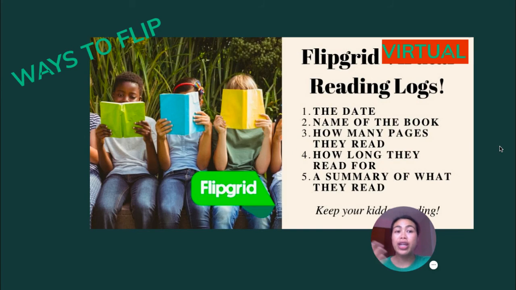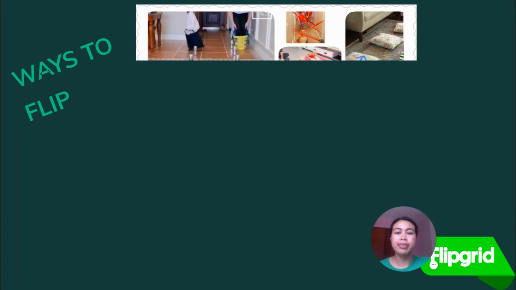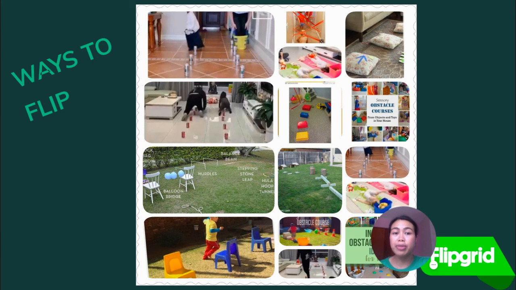You can also have virtual reading logs if you're into reading, or you can encourage them to have an obstacle course like this. As you can see in the photo, it's very simple. It's making use of the things that they can find at their houses.